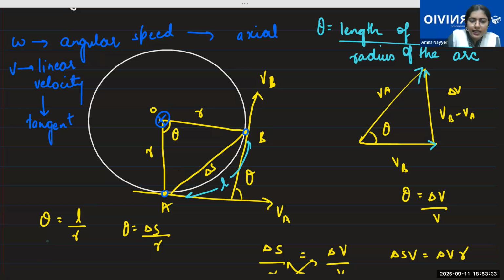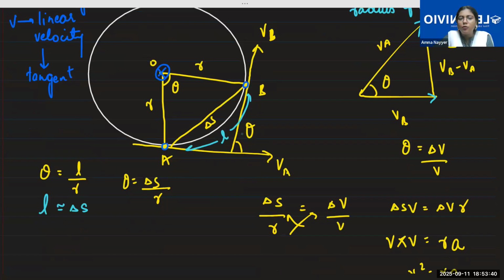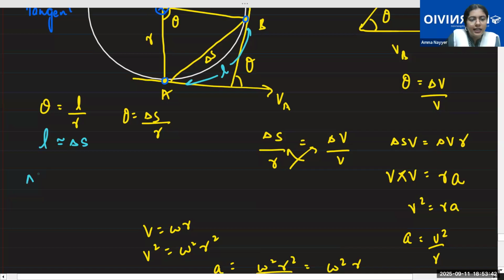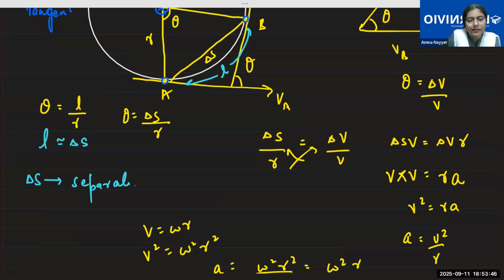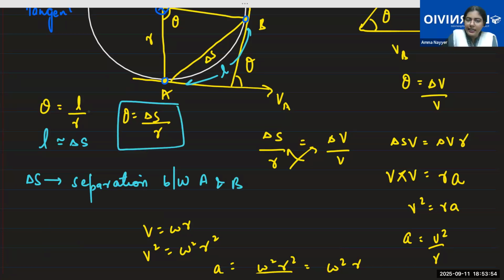So you can almost say L is almost equal to delta S, the separation between A and B points. So theta is equal to delta S by R. Do you agree? Yes. Okay.